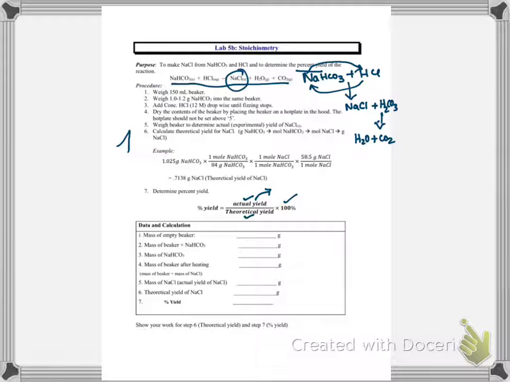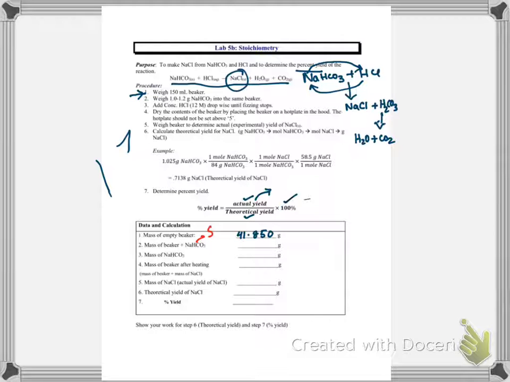So in this experiment, what students do, first you weigh a 150 milliliter beaker, and let's assume the weight of this beaker is 41.850. Then you take the beaker and add sodium bicarbonate, a solid.